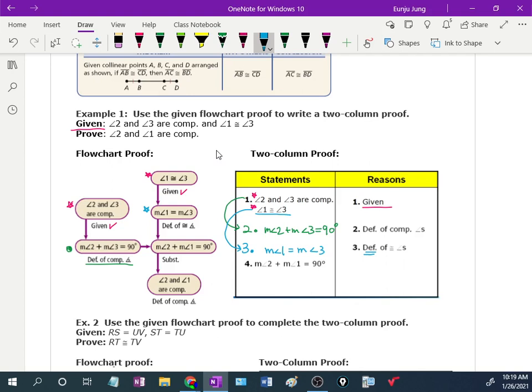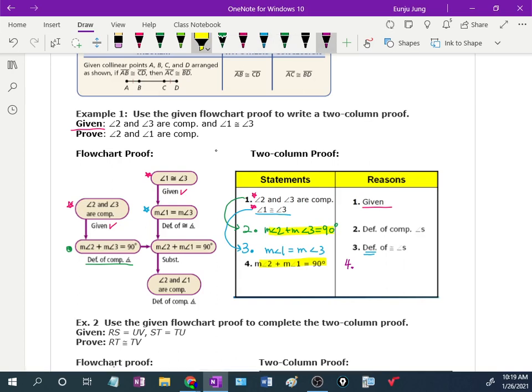And next step, number 4, okay, we have this. And what does it say under the statement? That is the logic. So we have measure of angle 2 and measure of angle 1 the same as 90 degrees. How do I get that? So look at the pattern. It'll just look like this equation, but it's different, right?